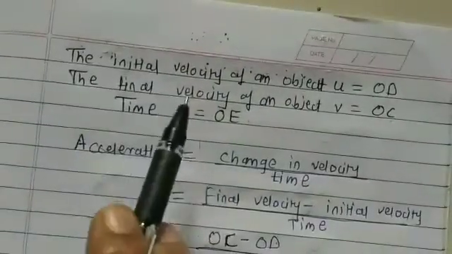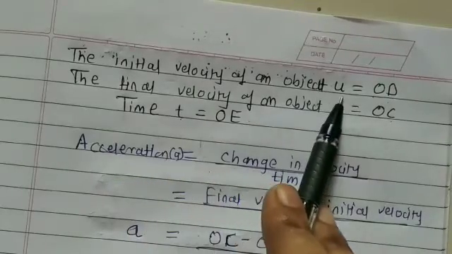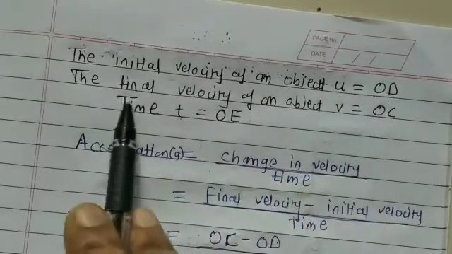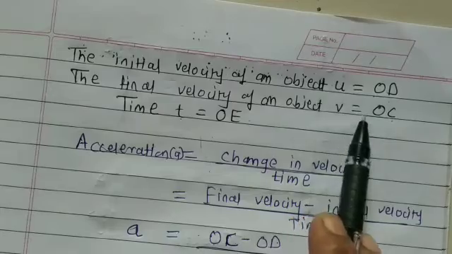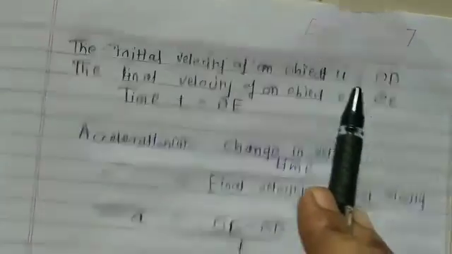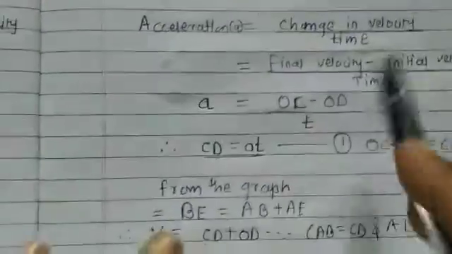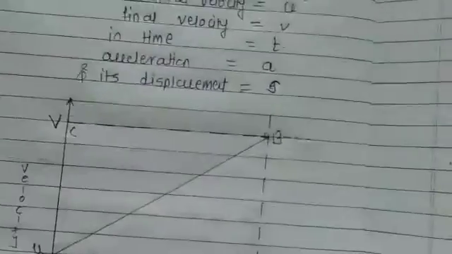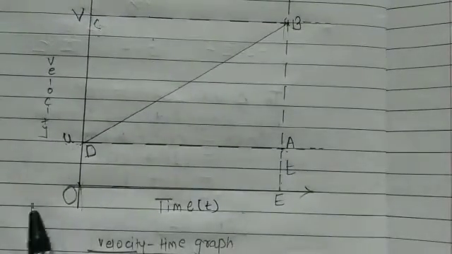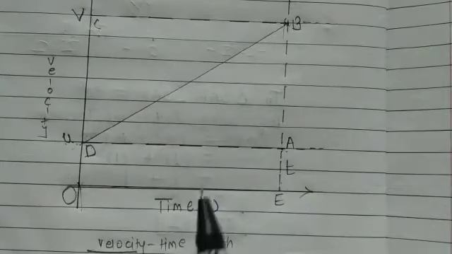So put that value like that. The initial velocity of an object u is equal to OD and the final velocity v is equal to OC. The time t is OE.